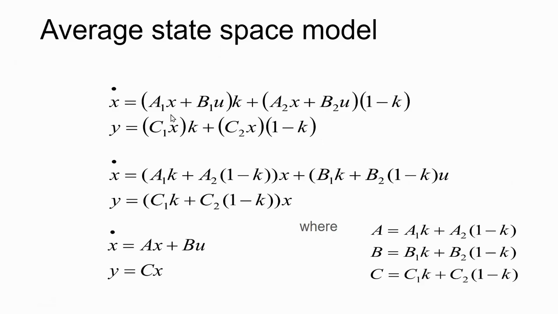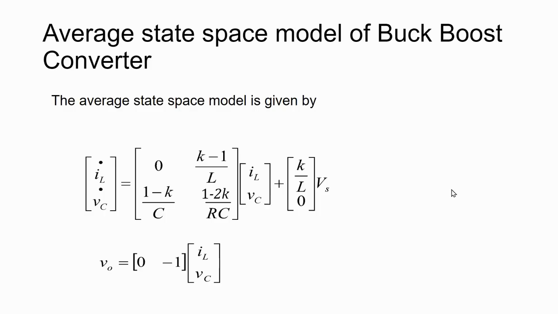Now we have already derived A1, B1, A2, B2, C1, C2. So we have to substitute their values to find the final version, which is the average state space model. So A can be written as A1K plus A2 into (1 minus K), B can be written as B1K plus B2 into (1 minus K), and C can be written as C1K plus C2 into (1 minus K).